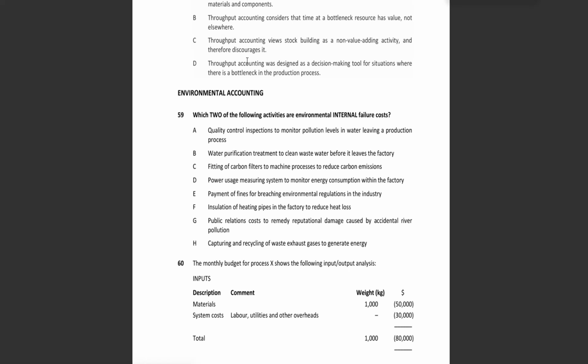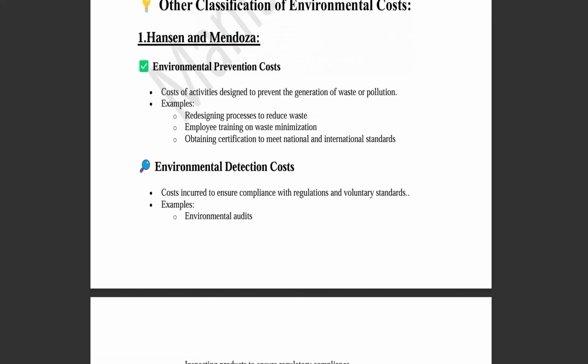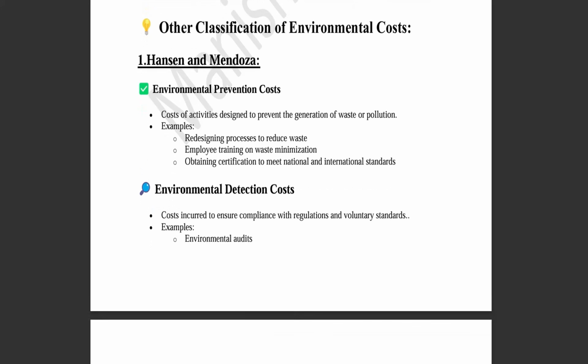Let's have a first recap of the concept before we tackle this question. So the overall question is saying, out of the options listed, which two activities are related to environmental internal failure cost? In the classification of environmental costing, as per Huston and Mendoza, environmental cost is classified in four categories.